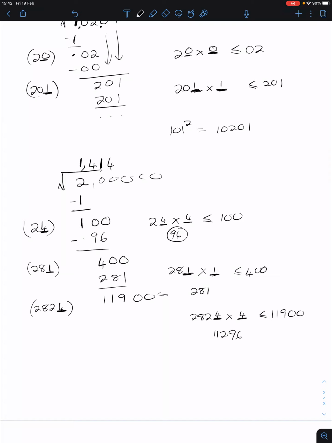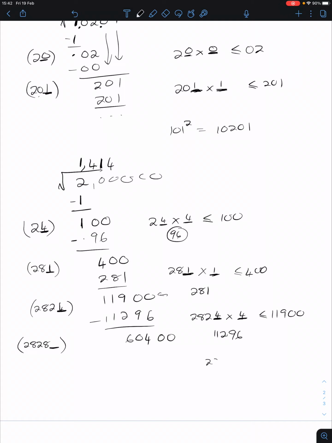4 times 2824 will be 11296. And again, if you subtract that, we will be left with 604. And again, you can bring down the next digits. You take the 1414 and you double it, and you get 2828 and add another digit.